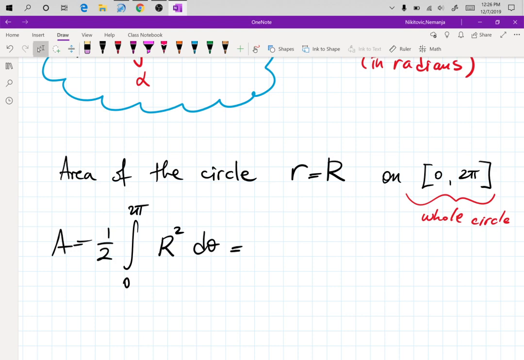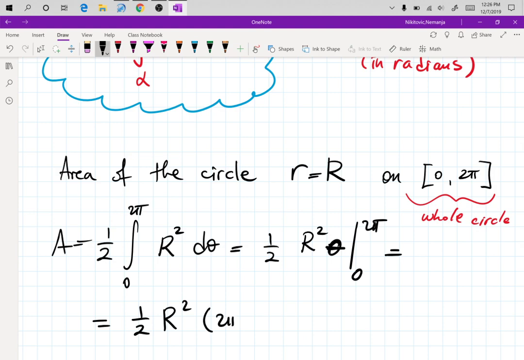So when I integrate this, I'm just getting r squared theta computed from 0 to 2 pi. This is going to be 1/2 r squared times 2 pi minus 0, which is pi r squared, which is your equation for the area of the circle.